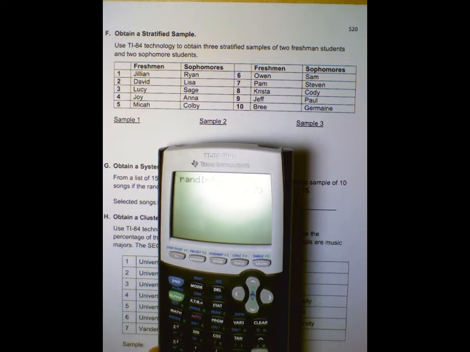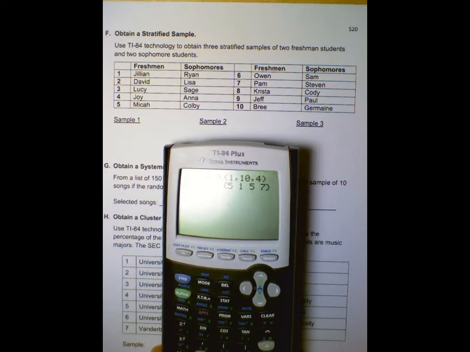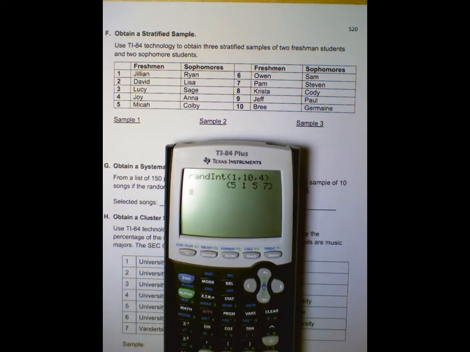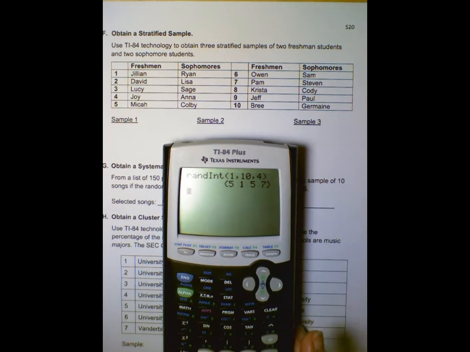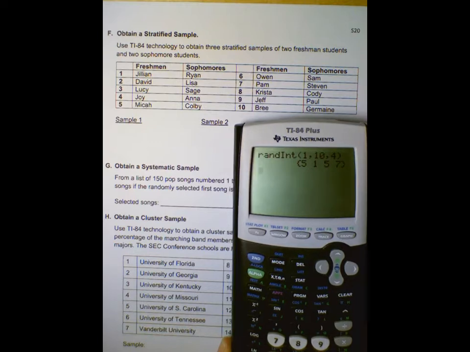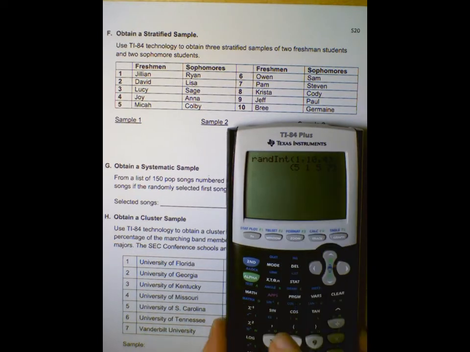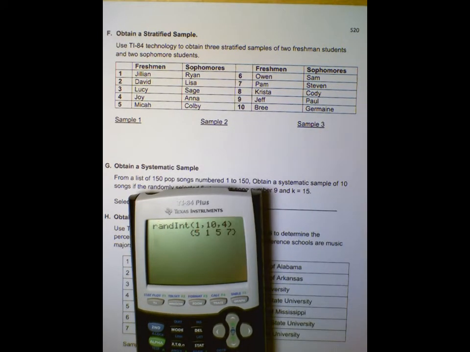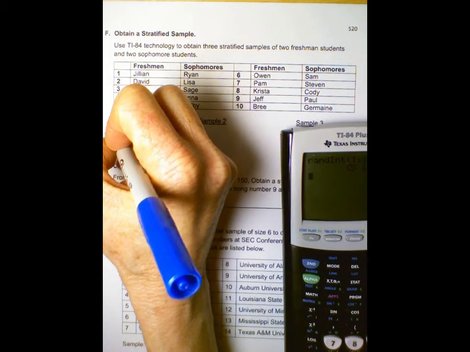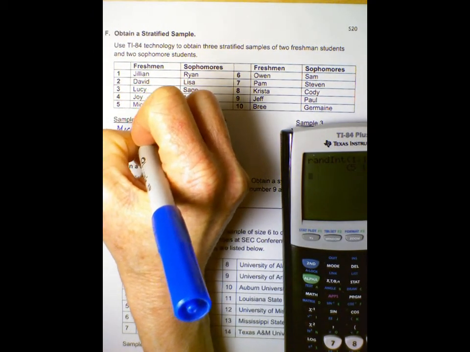5, 1, 5, 7. Well, I did get a duplicate on the 5, but remember, my first 2 are freshmen. My second 2 are sophomores. So those will be different people, as long as those 2 weren't side by side, and they weren't. So 5 and 1 are my freshmen: Micah and Jillian.